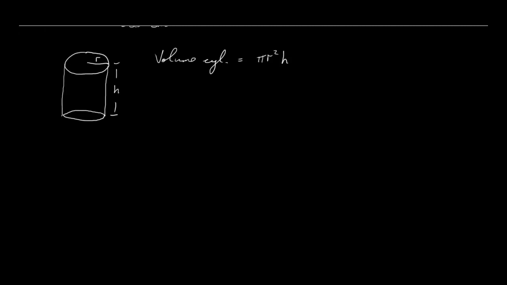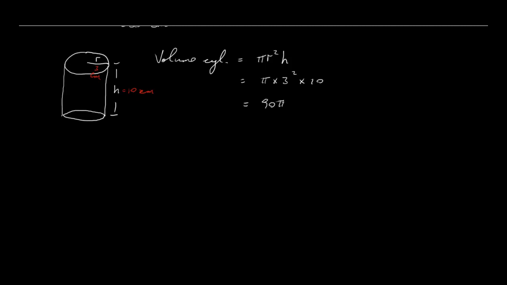So for example, if the radius here was 3 centimeters and the height was, let's take 10 centimeters, that would give us a volume of pi multiplied by the radius, which is 3, squared, multiplied by the height, which is 10. So that would be 9 times 10, which is 90 pi.